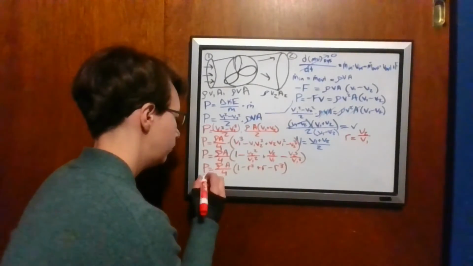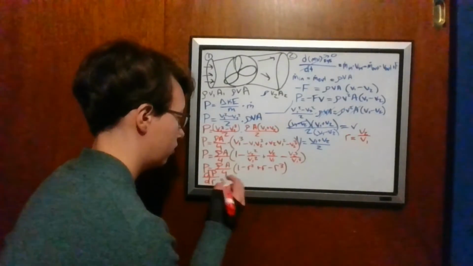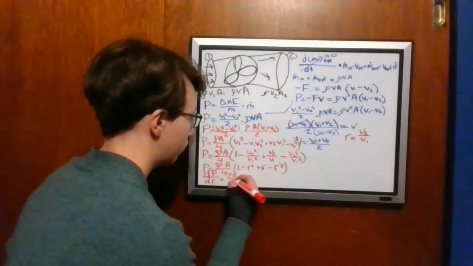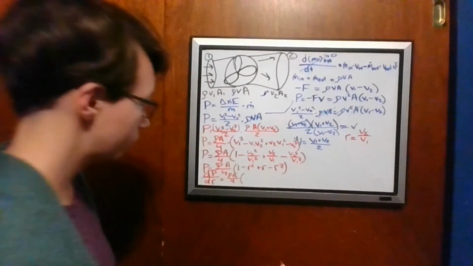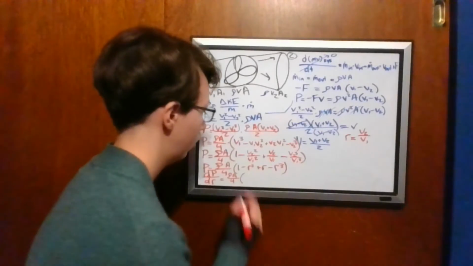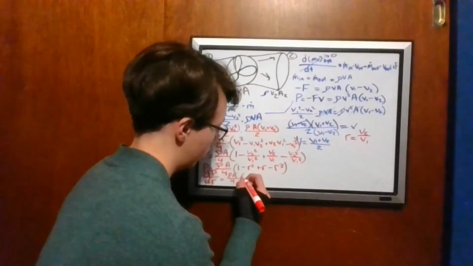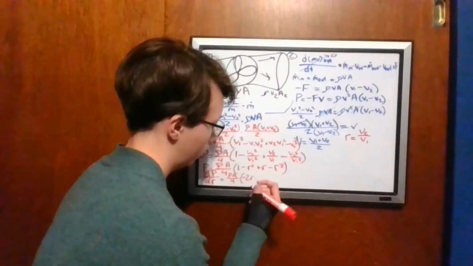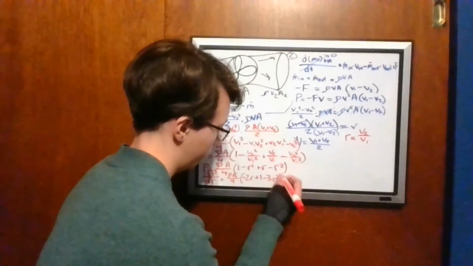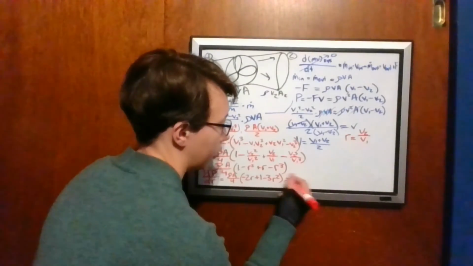So I have that dP/dr is equal to, so this rho A over 4 is a constant, rho A over 4, times, so this term disappears, and we've got negative 2r plus 1 minus 3r squared. Alright, so then set it equal to 0.